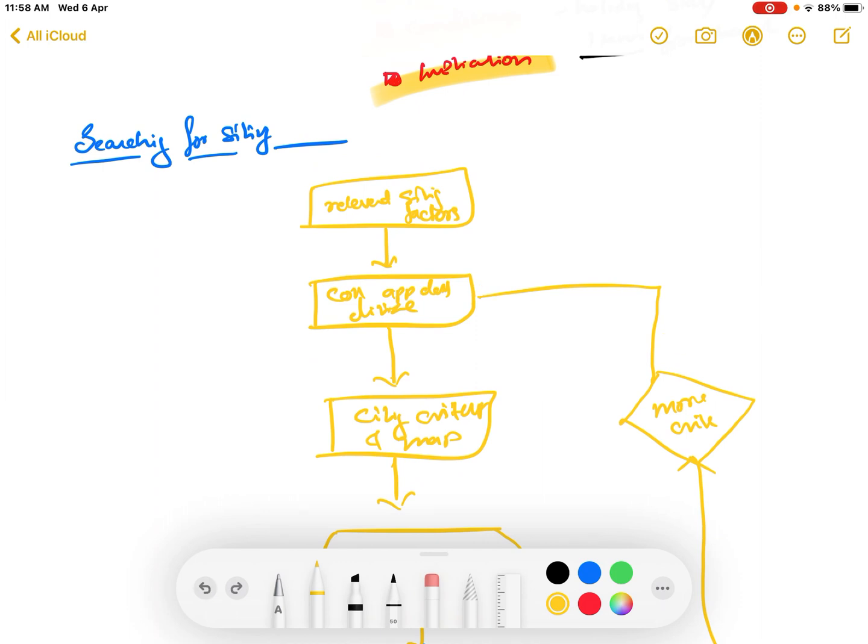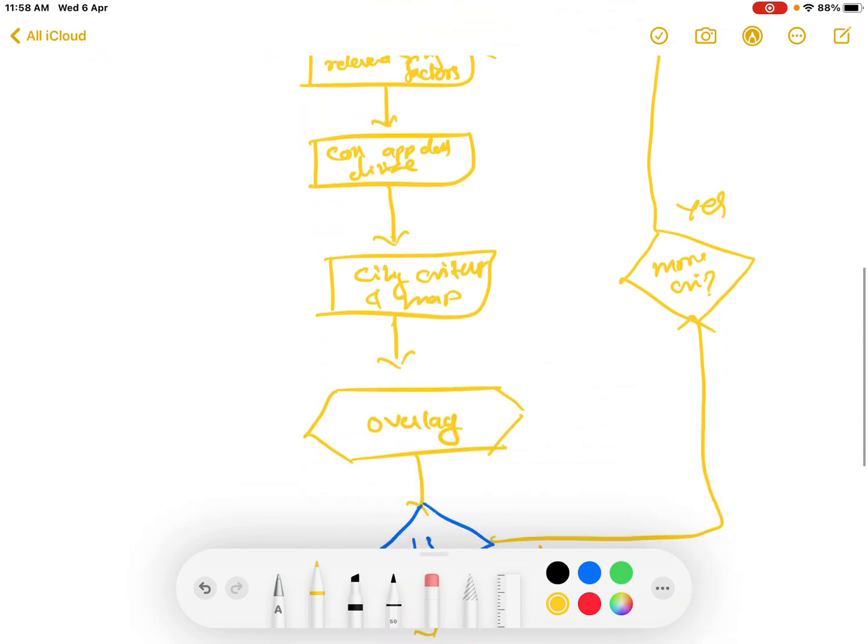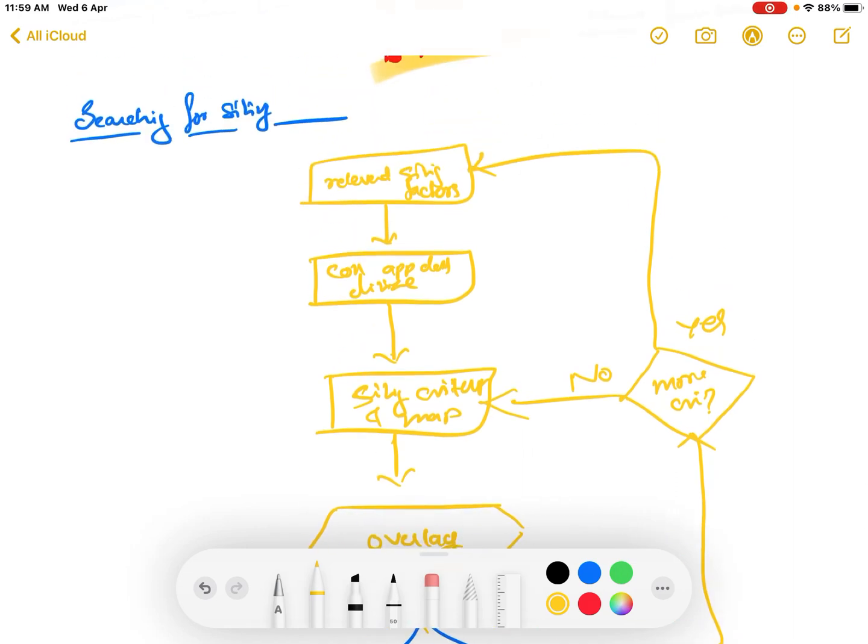If there is a requirement for more criteria, say yes, then you are going to identify more criteria. And if you don't want more criteria, then we are again identifying siting criteria.